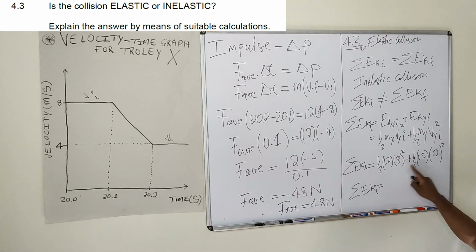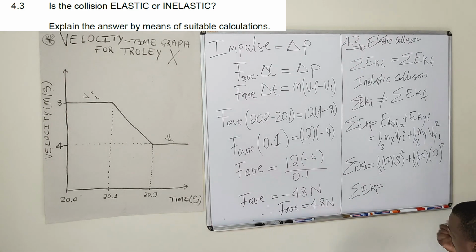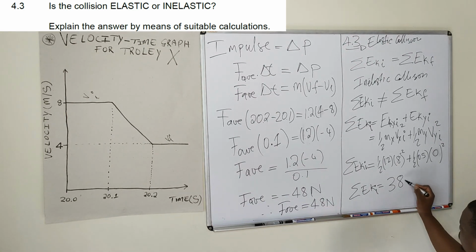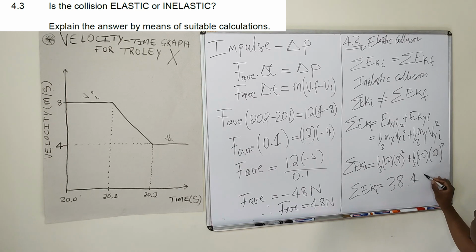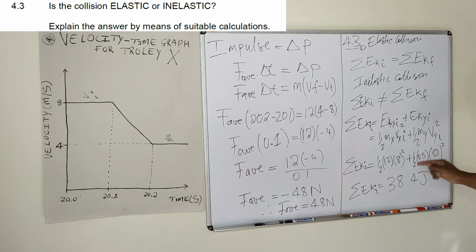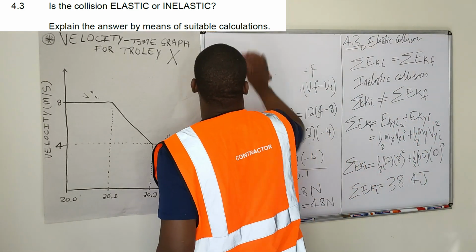So it's this plus 0. Punch this. What do you get? You get that your initial kinetic energy was 38.4 joules. So this is the initial kinetic energy. Now go and calculate the final sum of your kinetic energies. Let's go to that. Clean the board first.